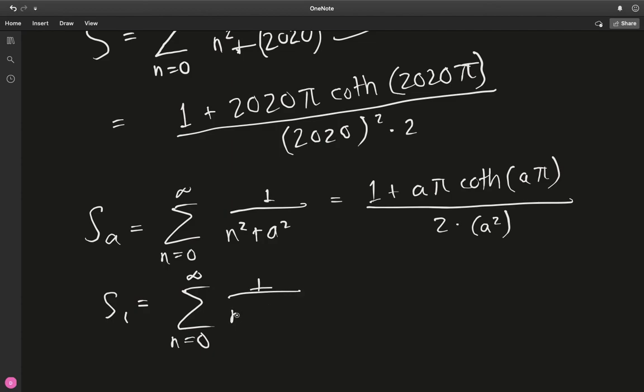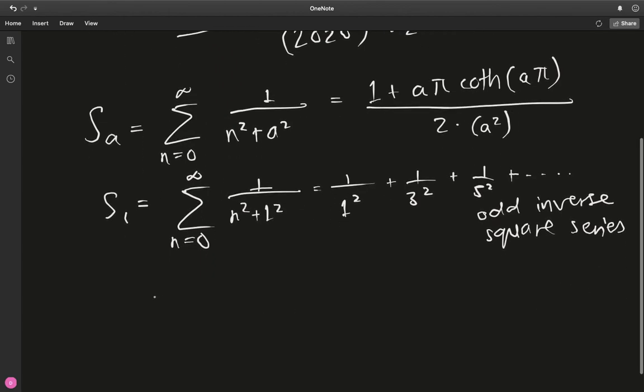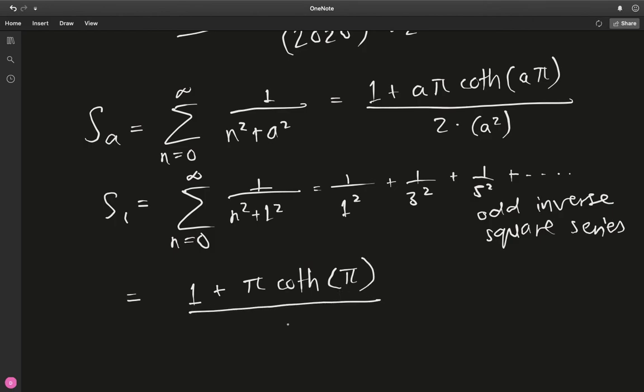When a is 1, basically n squared plus 1 squared, it looks like 1 over 1 squared plus 1 over 3 squared plus 1 over 5 squared, the odd inverse square series. And that is just going to be, by this formula, 1 plus, in the place of a we just put 1, so pi times hyperbolic cotangent of pi divided by 2.